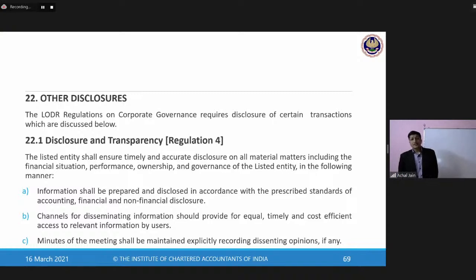The LODR regulations require disclosures of certain transactions, for example, the ones which will take care of transparency. Now, in case of a listed company, because the public is substantially interested, transparency is very important. And transparency would simply mean that the transactions which the company has been doing can be made known to the users of the financial statements.